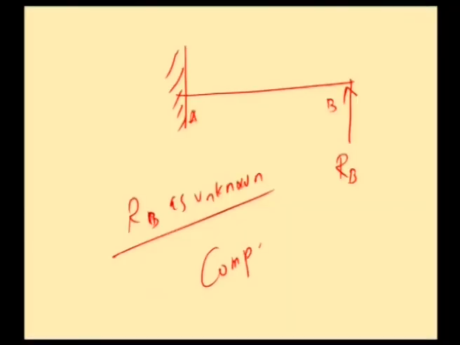So, how do we arrive at the extra equation? That extra equation can be derived using what are called compatibility conditions. The compatibility conditions are nothing but deflection or slope conditions.